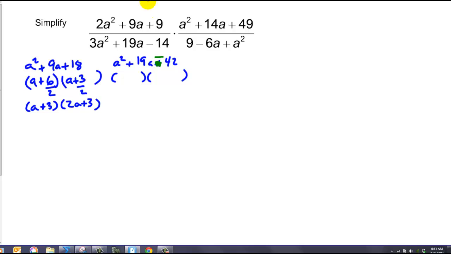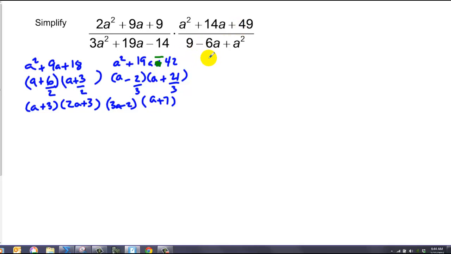What multiplies to 42 and adds to 19, that's going to be a 21 and a 2. Positive 21 and a negative 2. Divide by 3 in both cases. And I get 3a minus 2 and a plus 7.